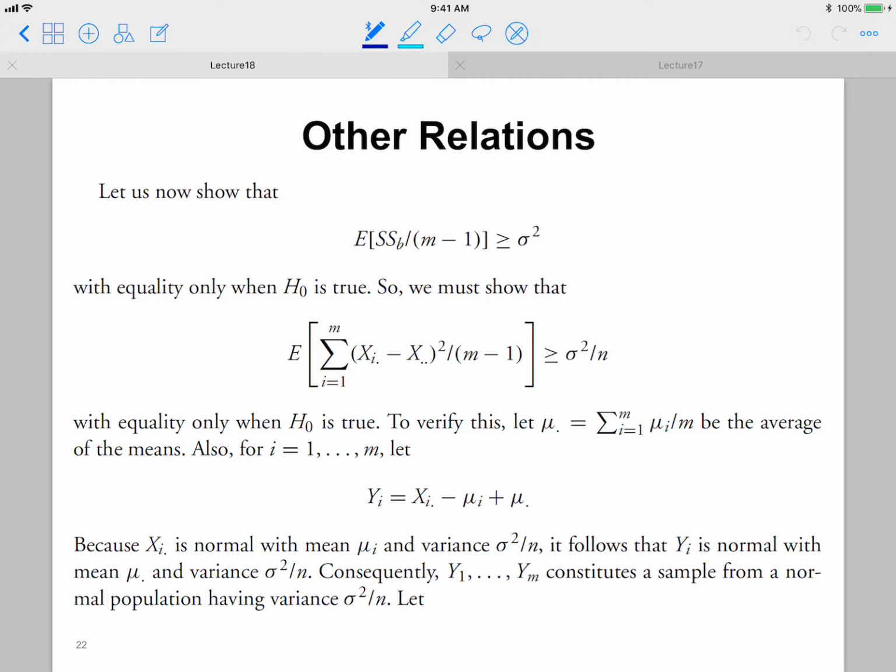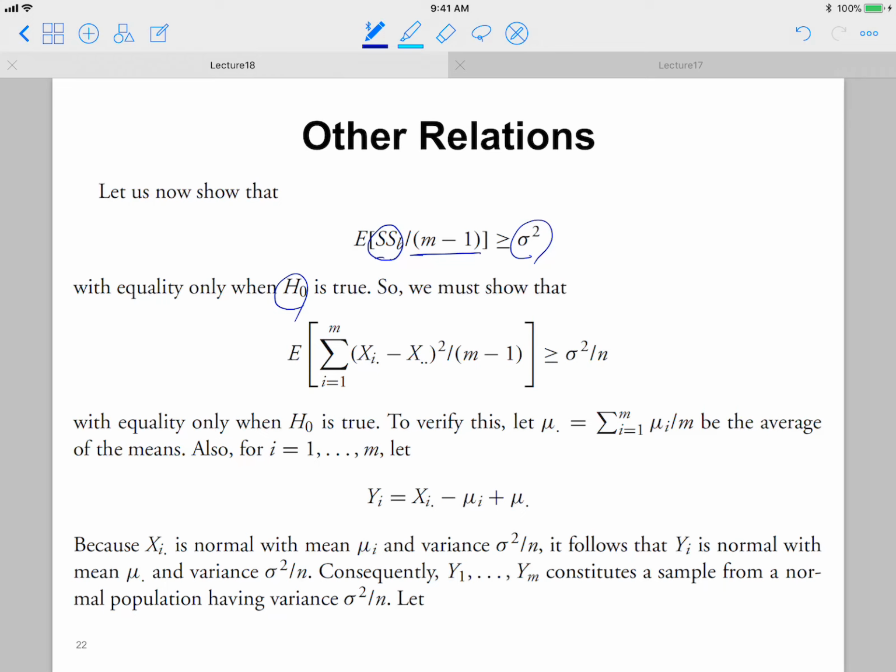Okay, and then the remaining part in this lecture is about unbiasedness or overestimation. This SSB divided by m minus 1 is overestimating the sigma squared when the null hypothesis is not true.